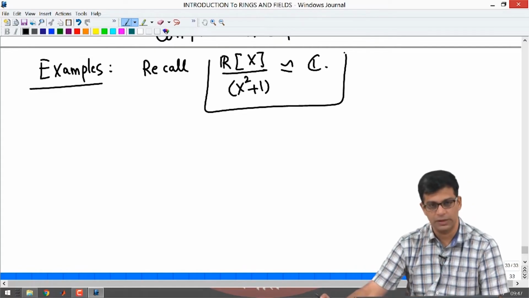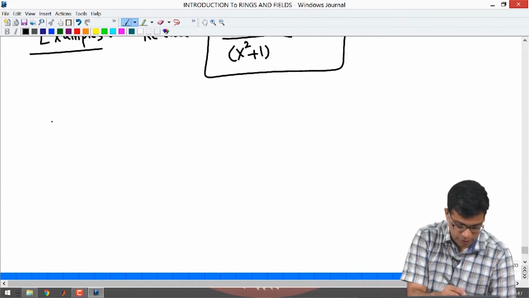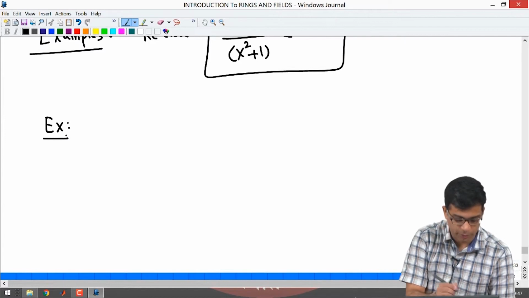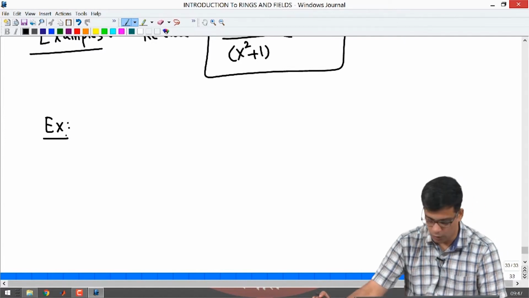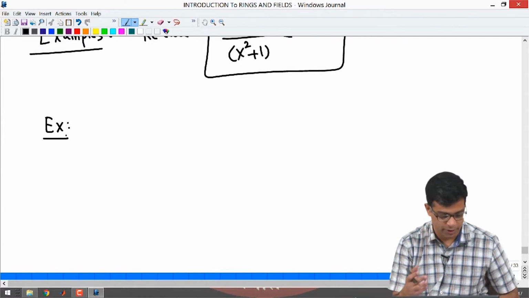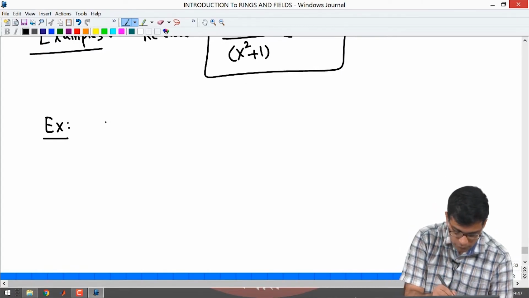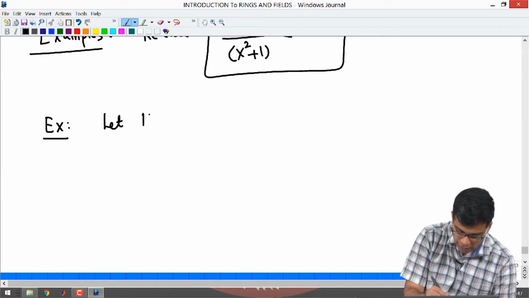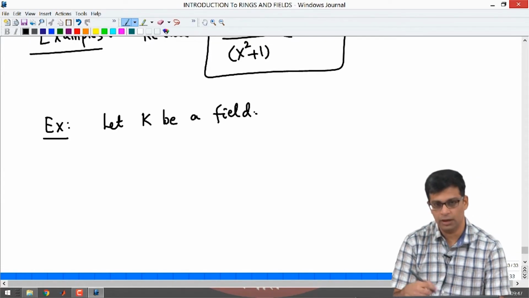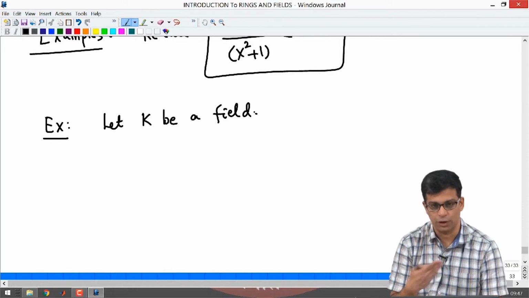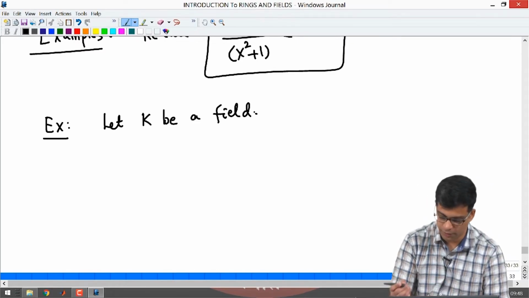But in order to prove this in a different way, I am going to use an exercise which I mentioned earlier, but have not solved, though the solution is exactly similar to another theorem that I have done earlier. So, let K be a field. Remember, a field is a ring where every non-zero element is a unit, in other words it has a multiplicative inverse.